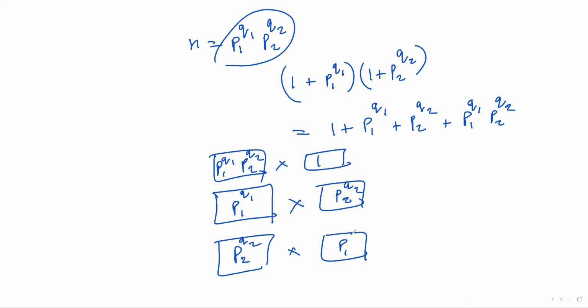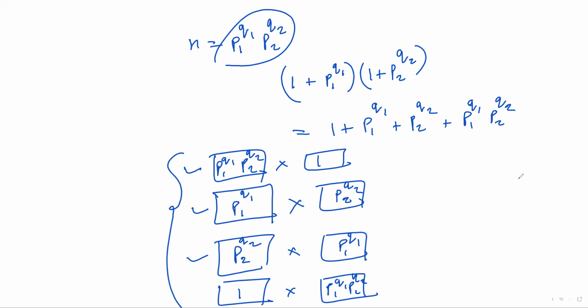In this box, you have p1 to the power q1. So focusing on the first boxes, these are the choices you took. There's one choice remaining: you could write 1 here, and then the second box would contain p1 to the power q1, p2 to the power q2. So forget the last box. In the first box, you have 4 choices here, right?